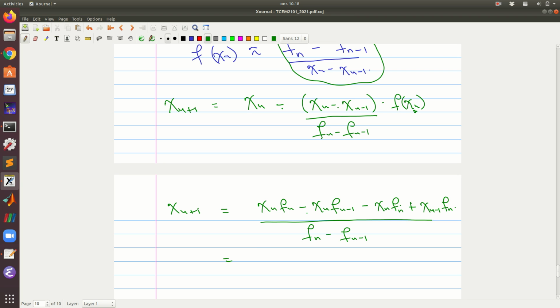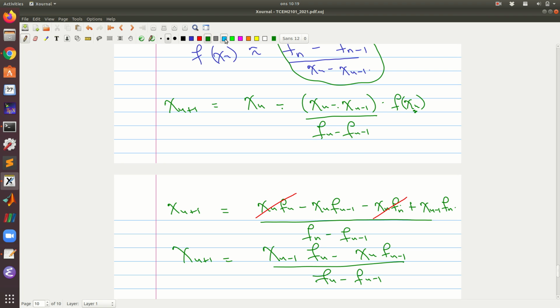Assuming we have no errors, some terms here cancel out. This term cancels out with that term, and then we can rearrange and have xn minus 1 fn minus xn fn minus 1, all over fn minus fn minus 1, and this is xn plus 1.